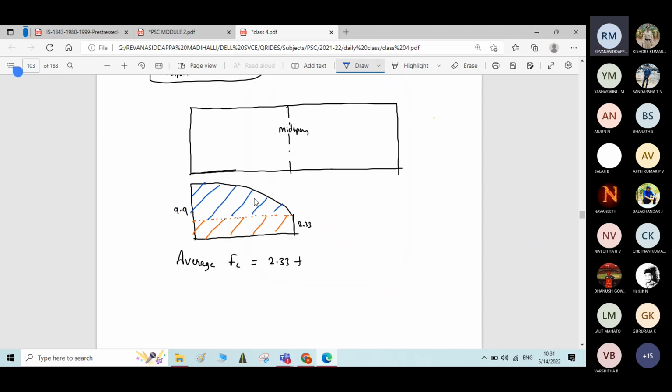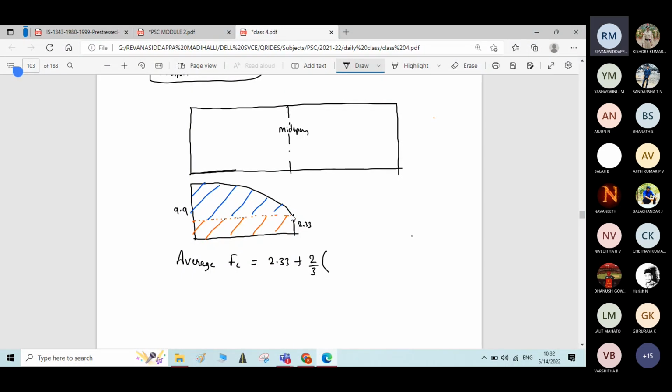It is a parabola, as you can see. For a parabola, average stress is calculated as 2/3 of the height.